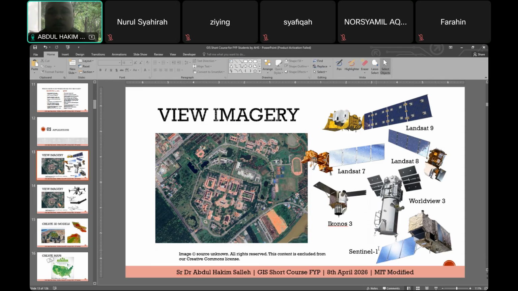But Sentinel-1 here gives you 10 meters resolution. That is good. For free data, that is very good. But if you want more in terms of resolution, of course you can purchase it. As shown in the span of this image here, perhaps it costs you around 50,000 ringgit per image.